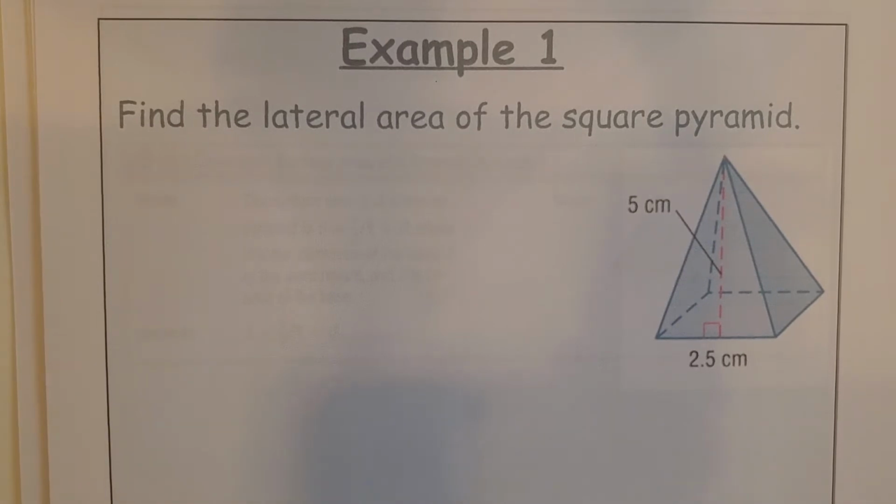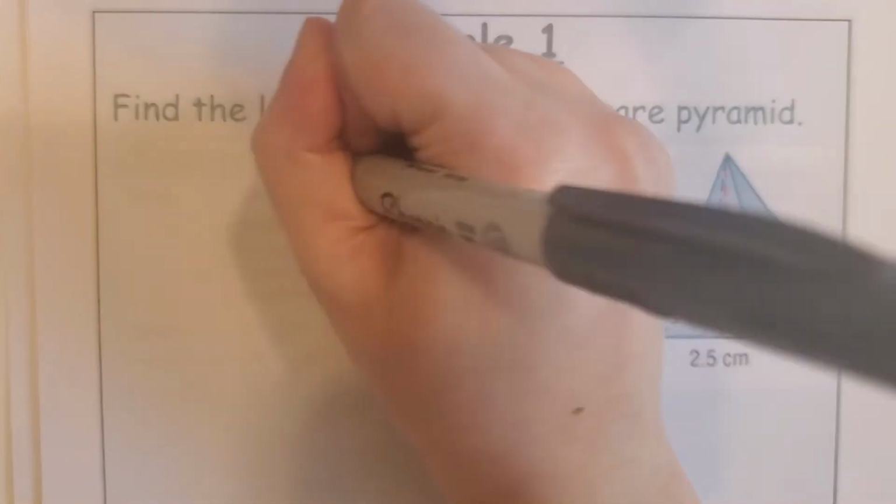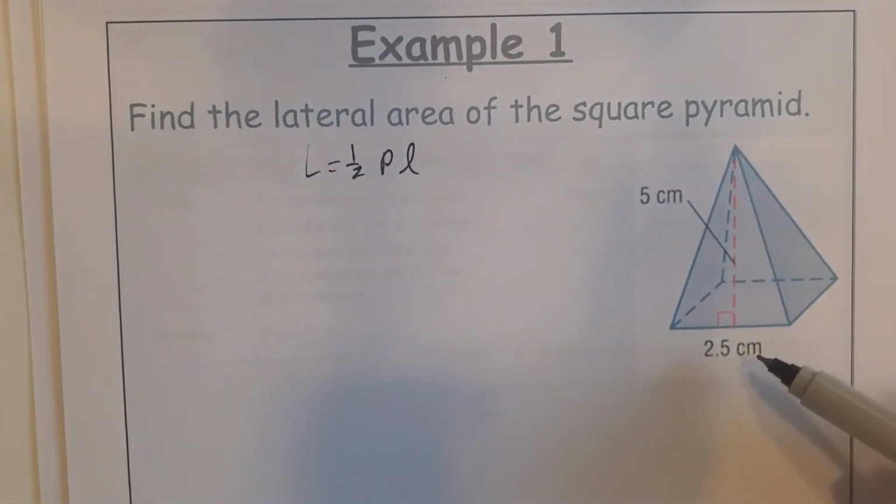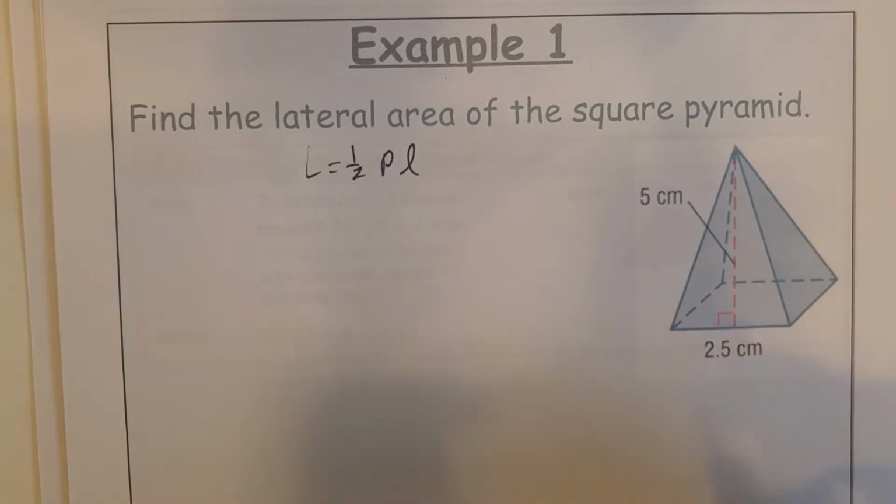And luckily, example 1 is pretty easy because we have that this pyramid is a square pyramid. So the base is a regular polygon, which means we can just go in and use this lateral area formula. So L is 1/2 times the perimeter times the slant height. Since it's a square, all four sides are congruent. So the perimeter is going to be 2.5 times 4, which is 10.